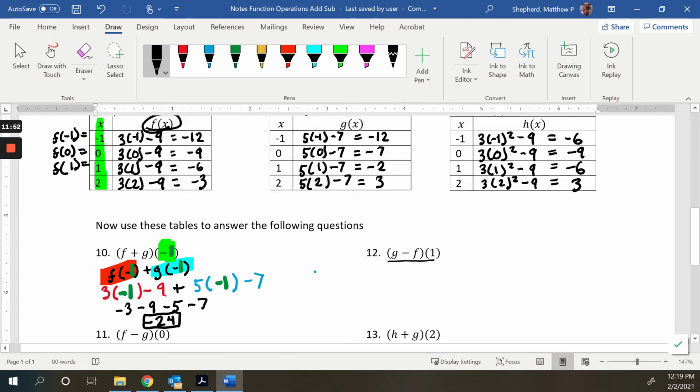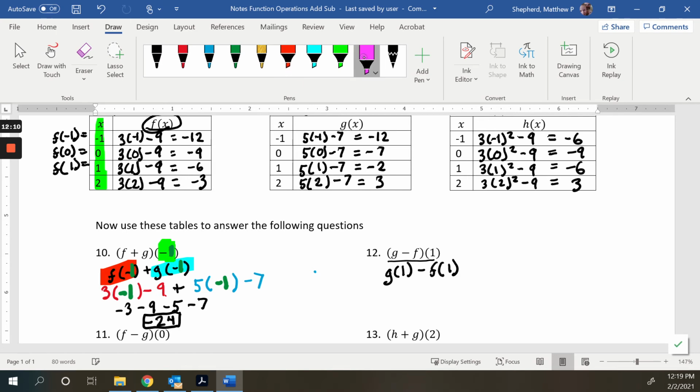So now here's how to use a table, either made by hand or made by a graphing calculator. So this I would change to g of 1 minus f of 1. Well, I know where g of 1 is. g of 1 is right here. It's a negative 2. f of 1, it's right there.